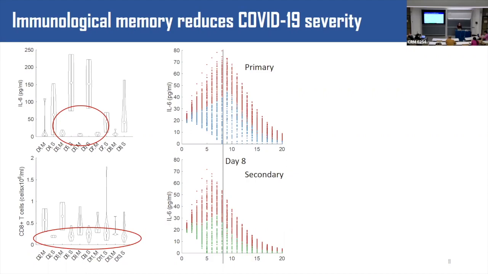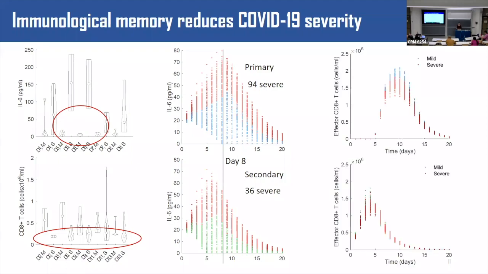Using this way of defining COVID-19 severity, our results indicate that there are fewer severe patients in reinfection, reducing from 94 to 36. We also plot the dynamics of other variables like CD8 T cells.